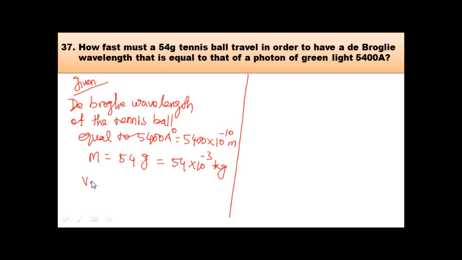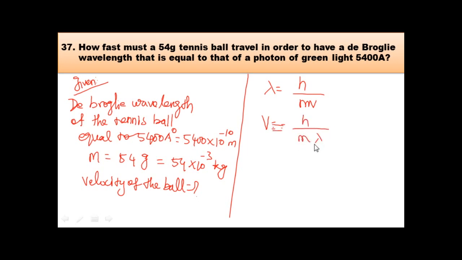And then the question is the velocity of the ball. So the formula is lambda equal to h by m into v. The question is v, so we are going to calculate the velocity. Rearranging the formula, v equal to h by m into lambda.